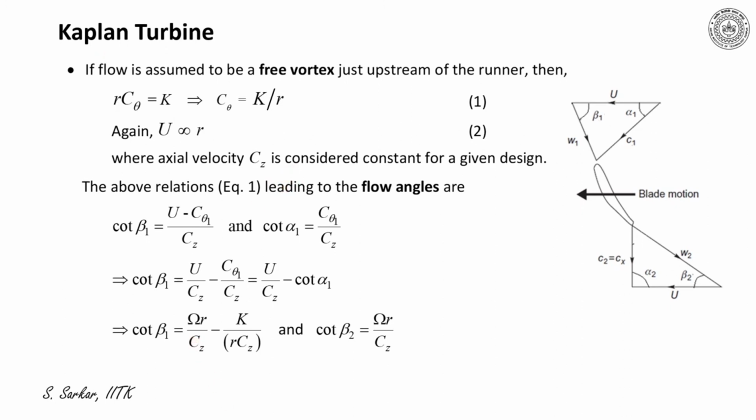Now, I have indicated earlier the velocity triangle at the mean section. Now, please note that at the inlet, this is C theta 1, that is the component of C1 in the peripheral direction.